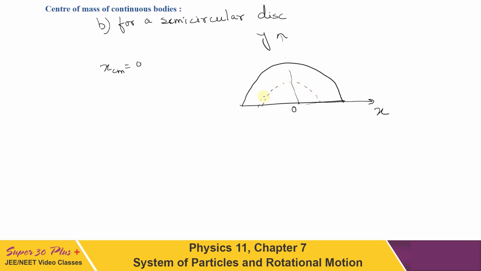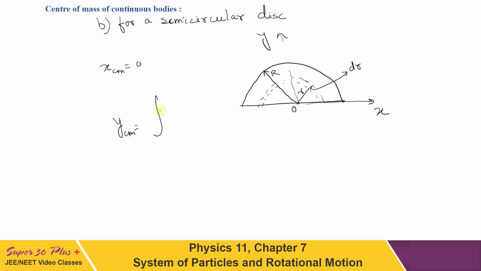Now because already we know the value of center of mass for a ring, this time I can consider the element to be that of a ring, which is having a radius small r. For this disk it is capital R and its thickness to be equal to dr. Now as we know the result, directly I can write YCM for this element. It is equal to 2r by pi.